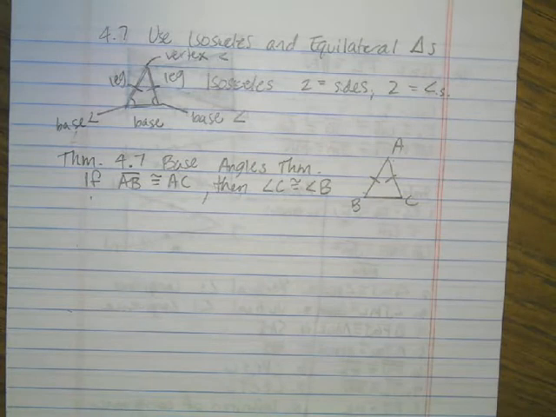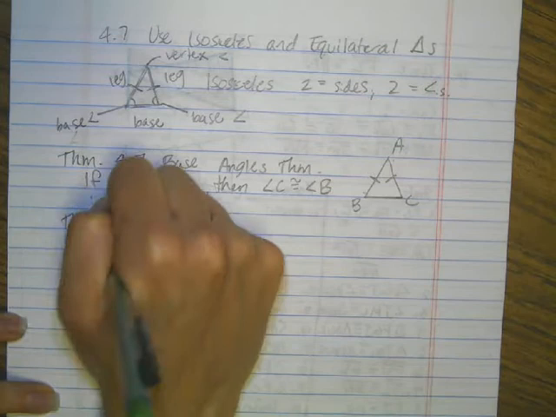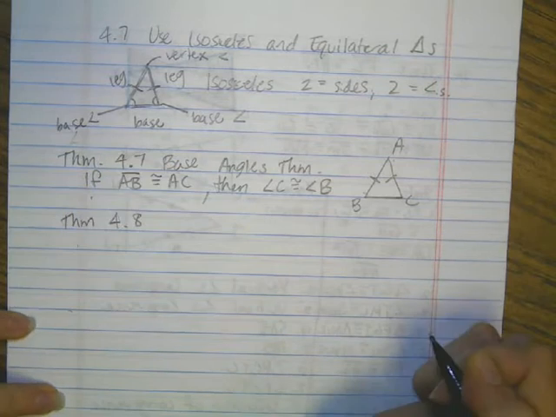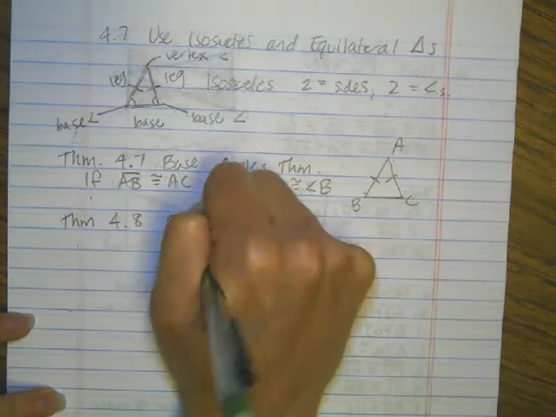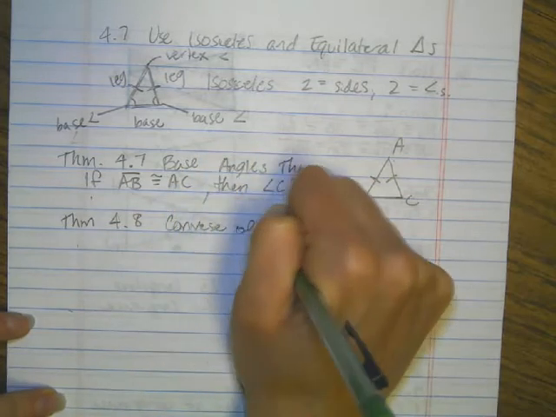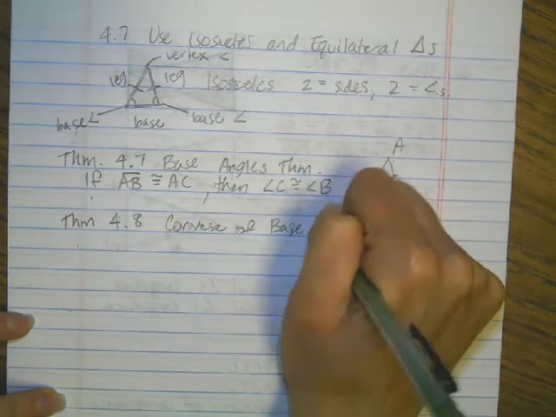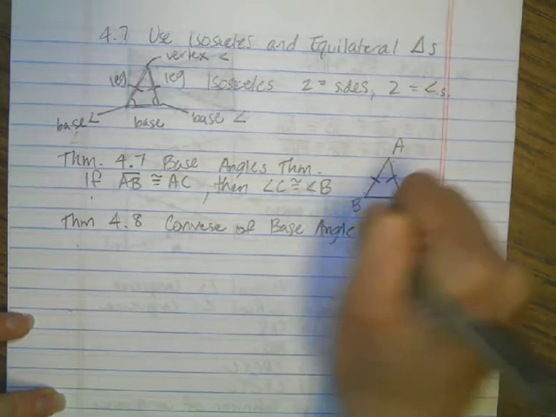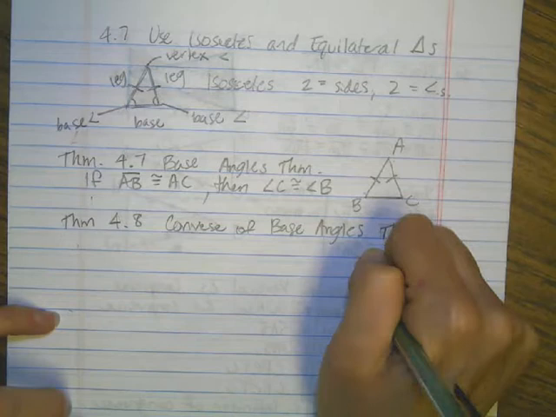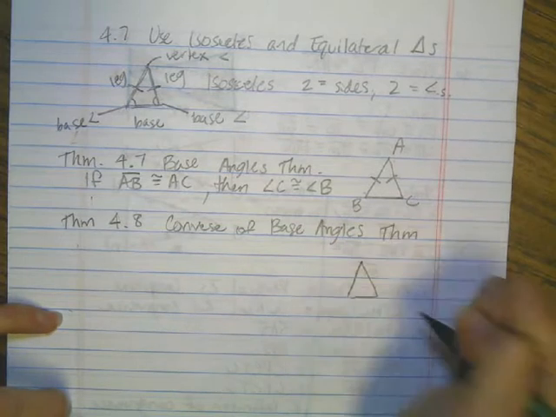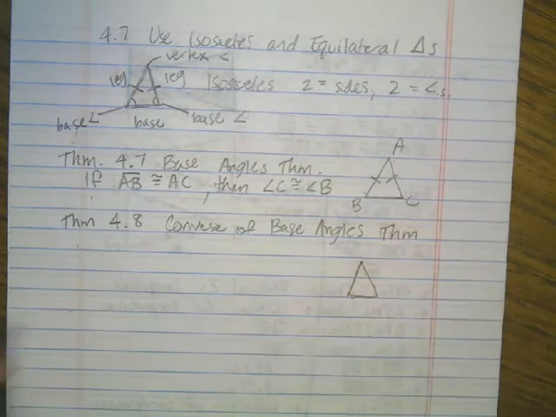And then this one also has a converse. So this is the base angles theorem, and now we're going to have the converse of the base angles theorem. And the converse is going to be exactly the opposite. If we have the two base angles congruent, then the sides are going to be congruent.